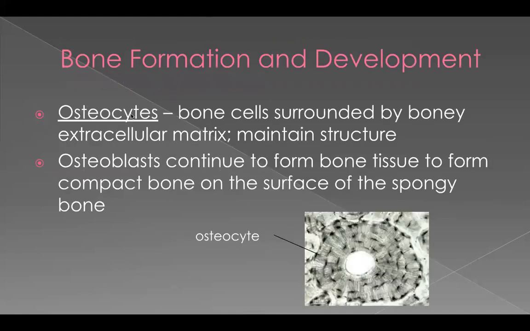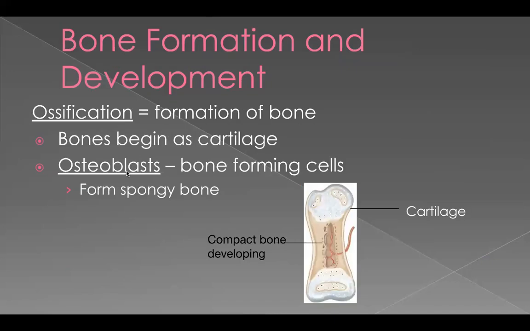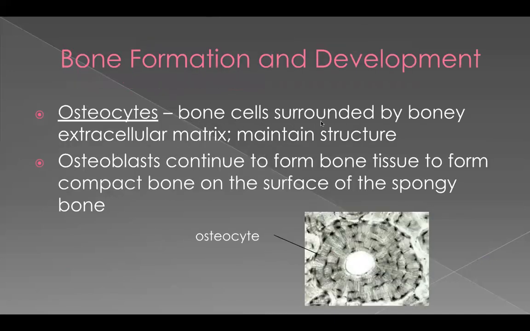The osteocytes are the structural cells surrounded by bony matrix, this extracellular matrix. So they maintain the structure. Osteoblasts continue to form bone tissue to form compact bone on the surface of the spongy bone.